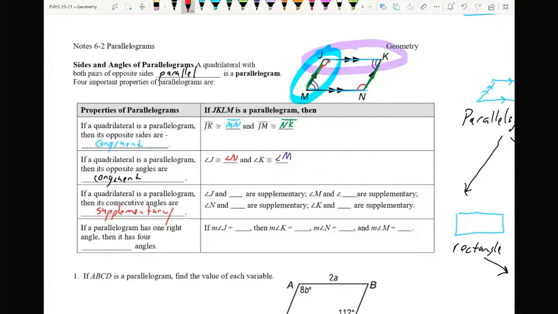So angle J is supplementary to angle K. M is supplementary to N. N is supplementary to K. And K is also supplementary to that. I got that all jacked up. It's not important to get every single one. Just realize every pair of consecutive angles is supplementary. I could go back and fix that, but we just need to move on.